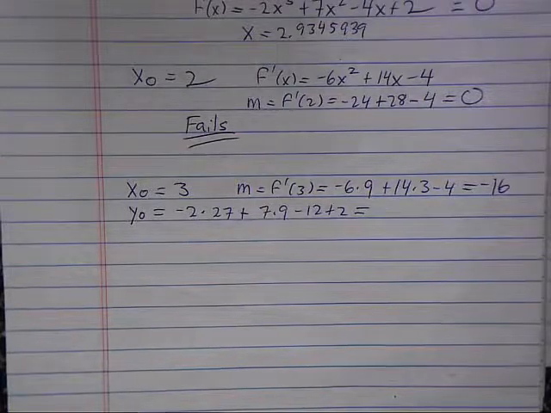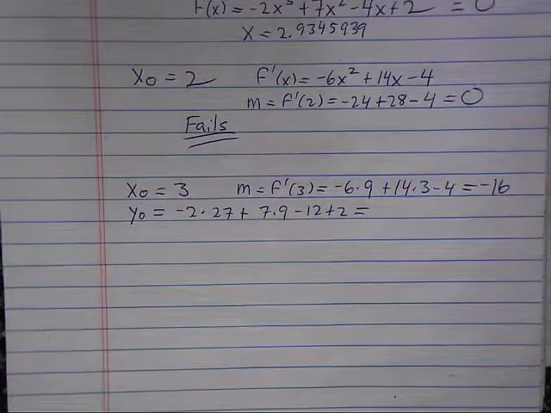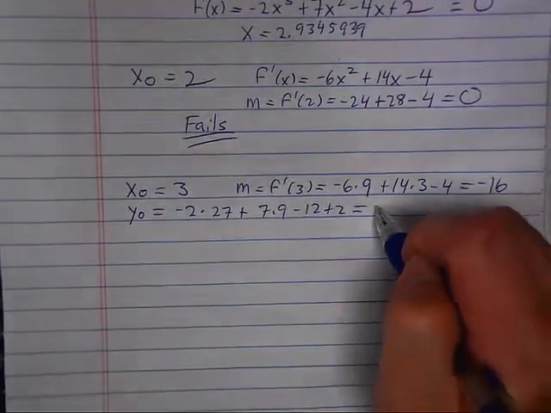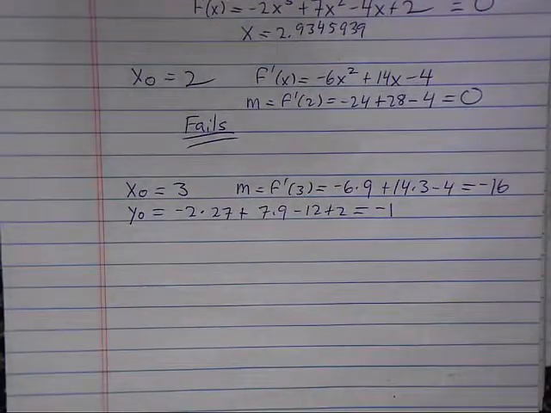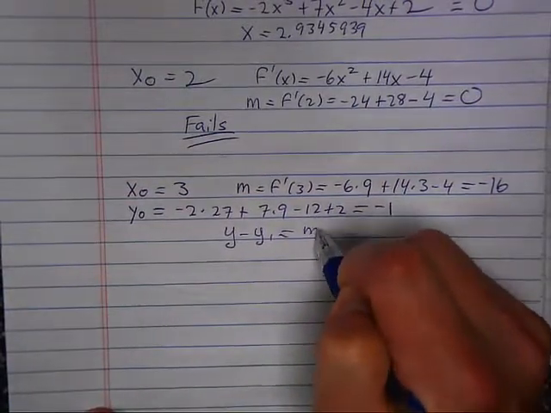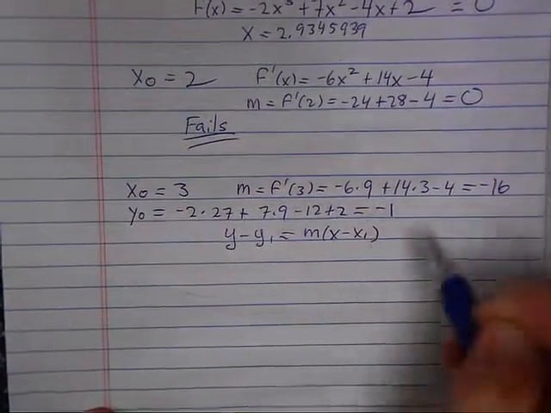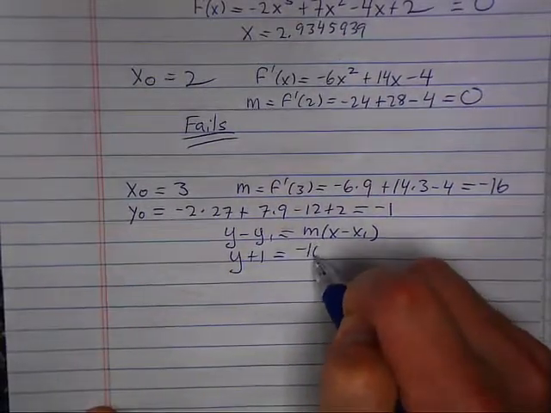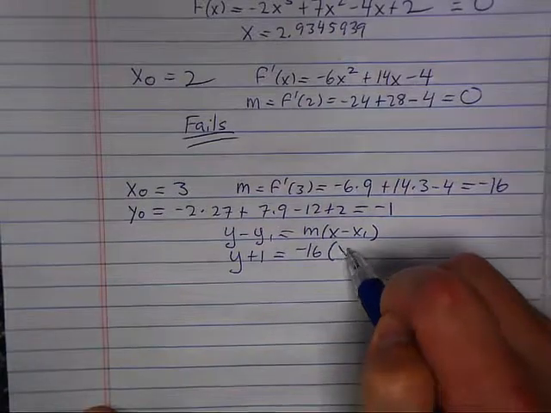Calculator tells me that's negative 1. So the equation of the tangent line, y minus y1 equals m times x minus x1. That's going to be y plus 1 equals negative 16 times x minus 3.